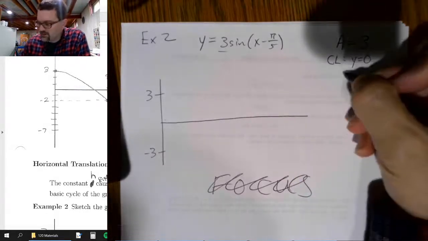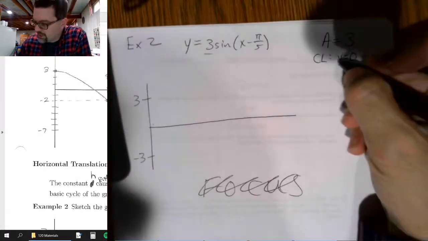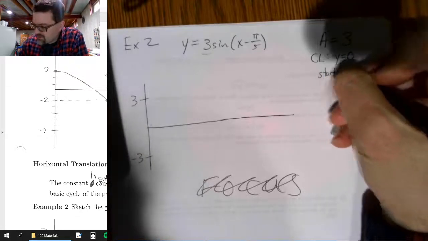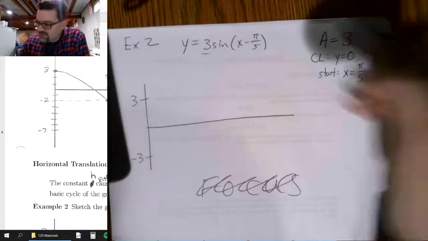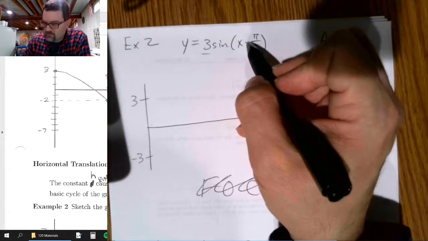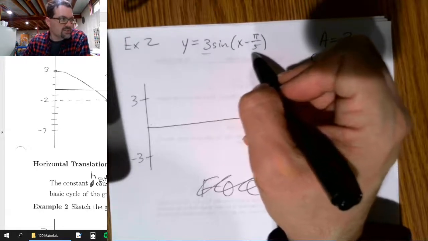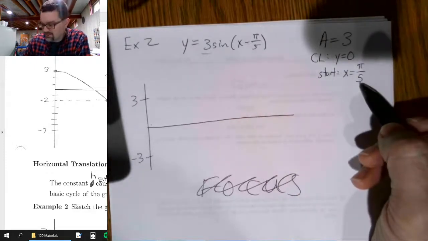What's different here is that our starting and our ending point are going to occur at different places. So instead of x equals 0, this is going to start at this number. Now, this is written as subtraction in our general form, and the reason that's written as subtraction is because then whatever this number is exactly what our starting spot is.